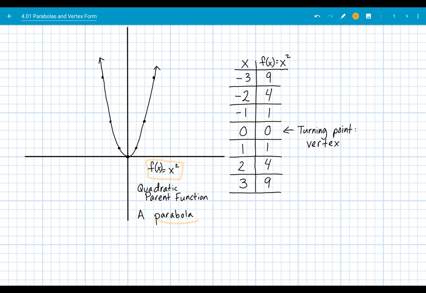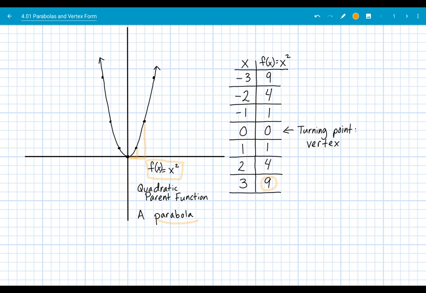So if I go one step over from this turning point, 1 squared takes me up 1. And if I go over 2 steps, 2 squared goes up 1, 2, 3, 4. So you're going to see those square numbers, 3 squared, 9, and so on and so forth, just like in the table here. And that pattern will appear even if we shift this U-shape, the parabola, around the coordinate plane.